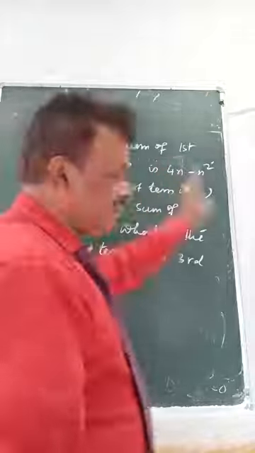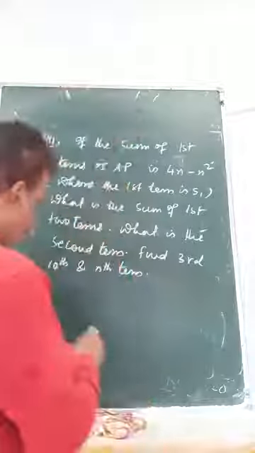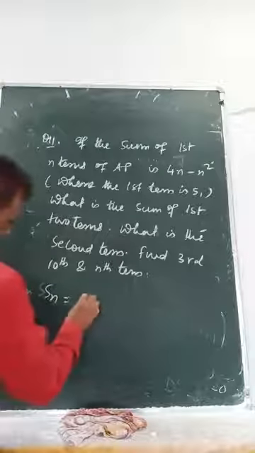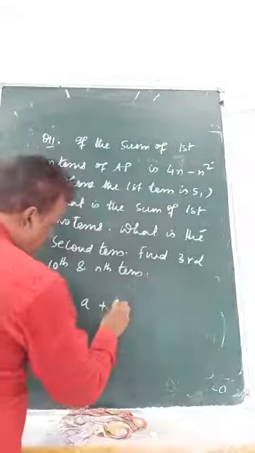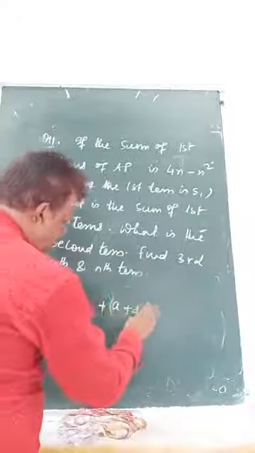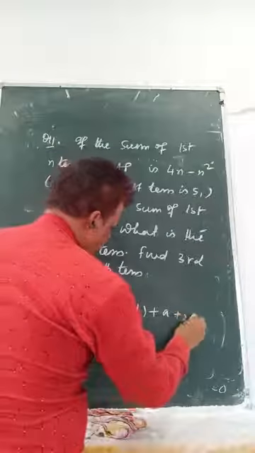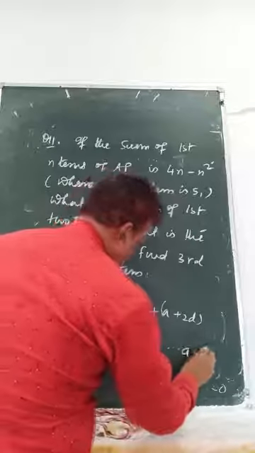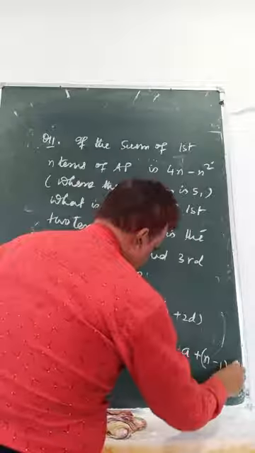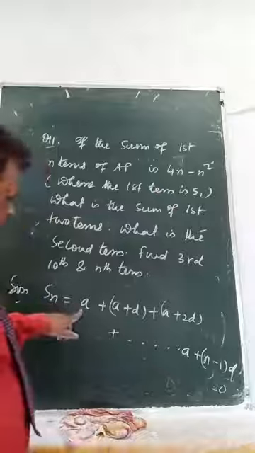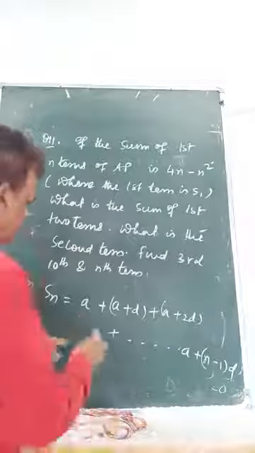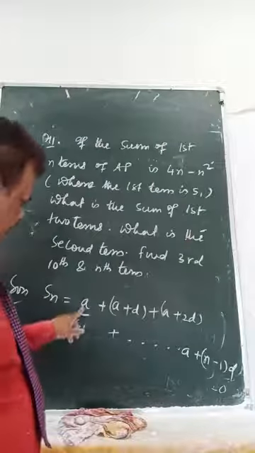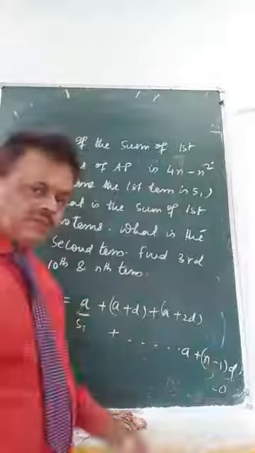To understand this, let me tell you. When you write Sn, what do you write? a, a plus d, a plus 2d, like this, up to a plus n minus 1 into d. This is the sum of first one term. This is your S1. Only the first term is the sum of the first term.